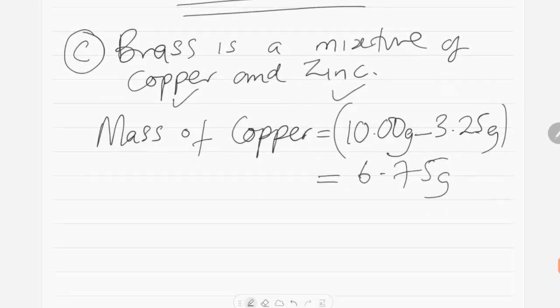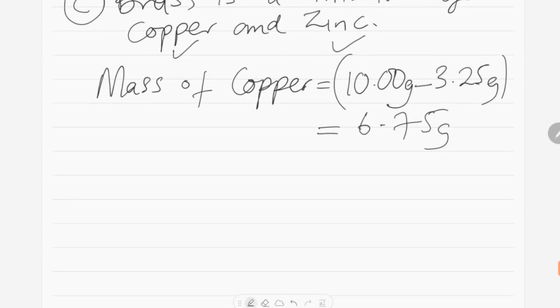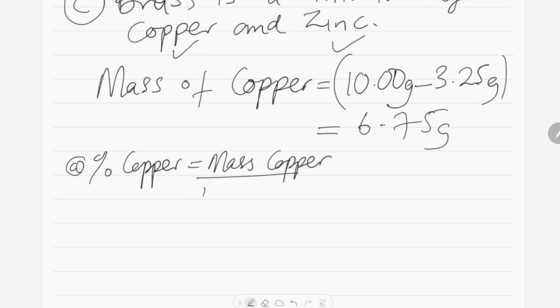So now that you have the mass of copper and the mass of zinc, we can easily find the percentage composition. So the percent for copper is equal to mass of copper over mass of the brass sample.